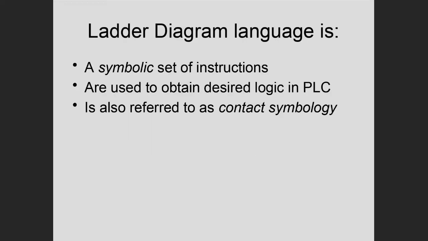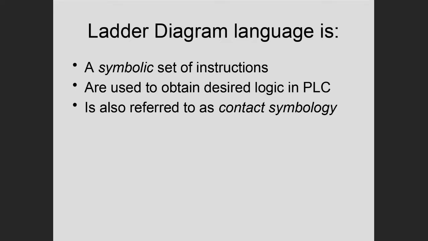Basically, that ladder logic diagram is a set of instructions. This is a programming method where we don't use words, we use graphic symbols, and each symbol has a specific meaning. It's looking for a specific thing. So this is what we call a symbolic or graphical language. It's not like if you took C or C++, where you write out your commands in English.